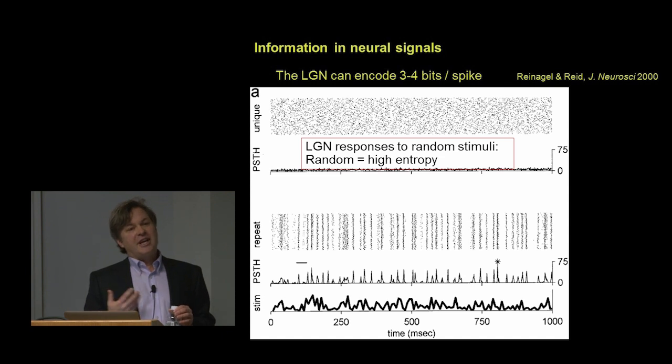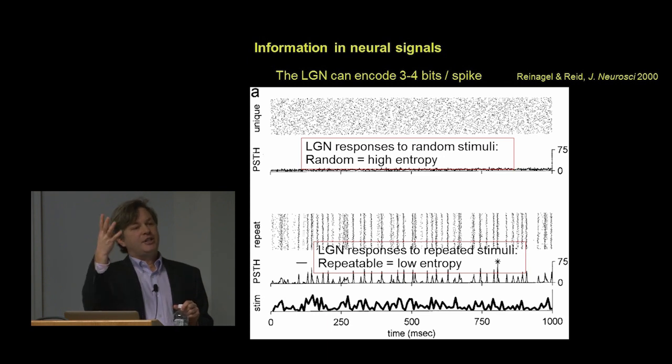But is that entropy used, or is it just pure noise? An easy way, and we didn't invent this, other people, largely influenced by Bill Bialek and the people he trained, had this way of looking at the mutual information between stimulus and response: taking a very strong repeated stimulus that did a good job of driving these LGN cells.